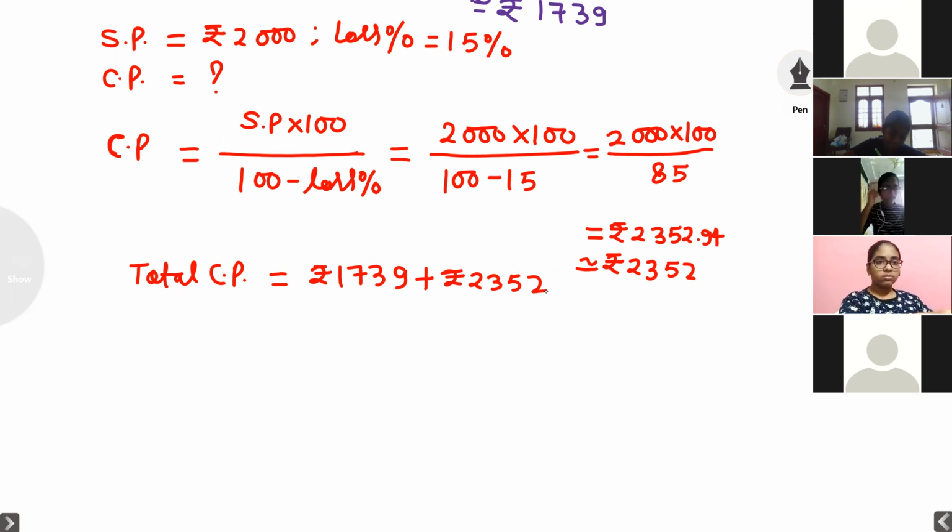What is the answer, students? 4091, right? Yes. Total CP we got is 4091. This is the total CP.